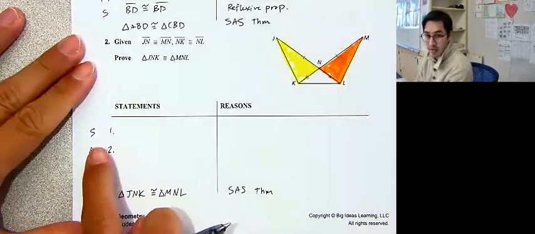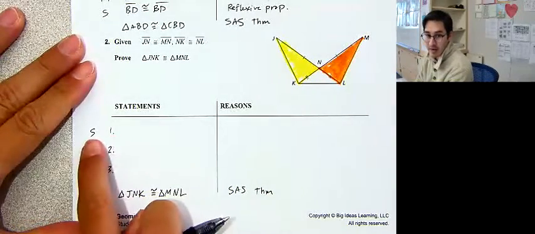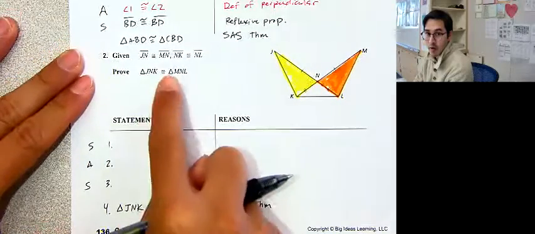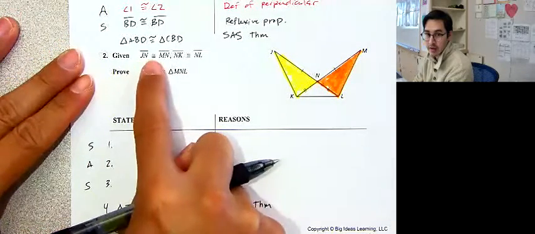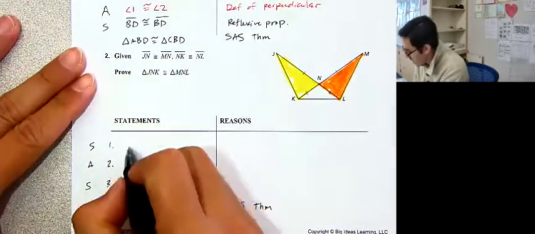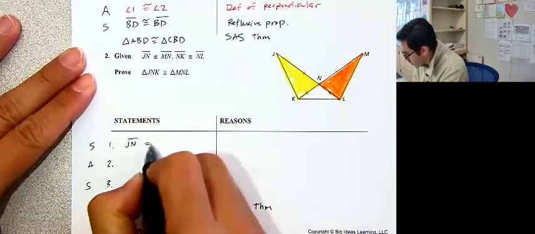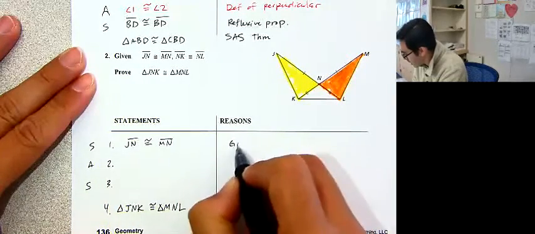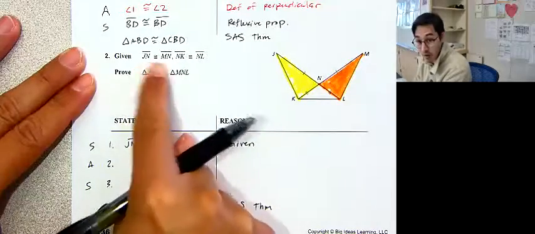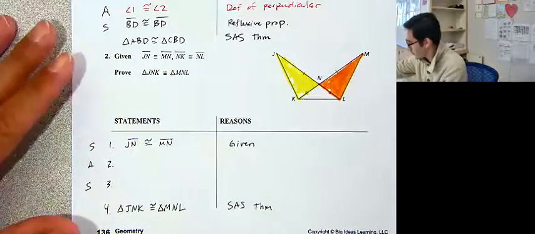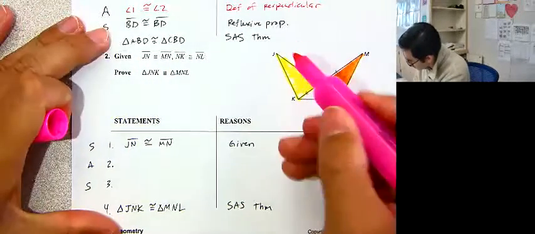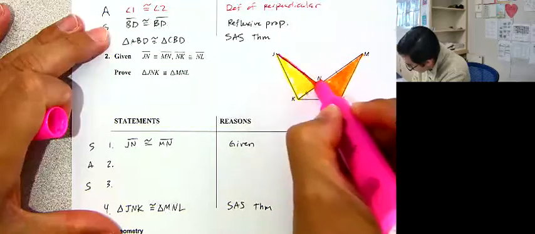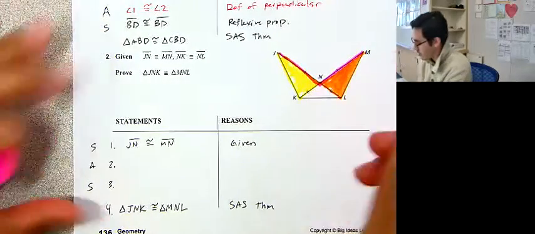All right, so let's start with a statement about a side. We already know that JN is congruent to MN, so we can use that. JN is congruent to MN, and we can just write given since it is one of the given statements. So let me go ahead and highlight those two sides there.